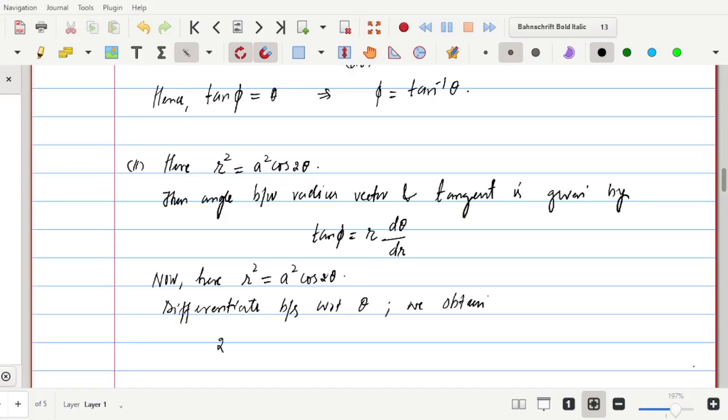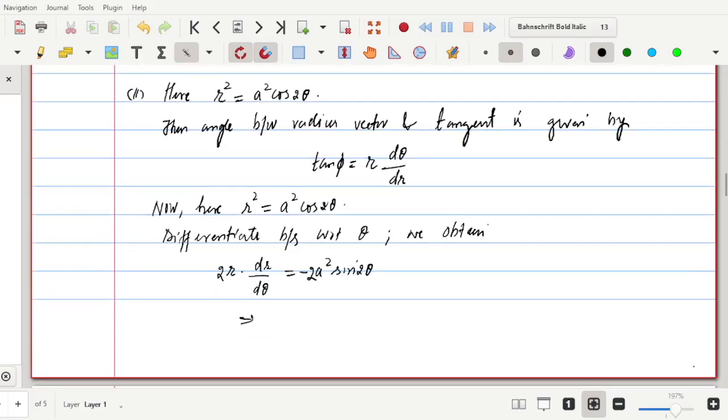We get on the left hand side 2r dr by d theta is equal to a square times the derivative of cos 2 theta, that is minus sine 2 theta times the derivative of 2 theta, which is 2. This implies dr by d theta is equal to minus a square divided by r into sine 2 theta.